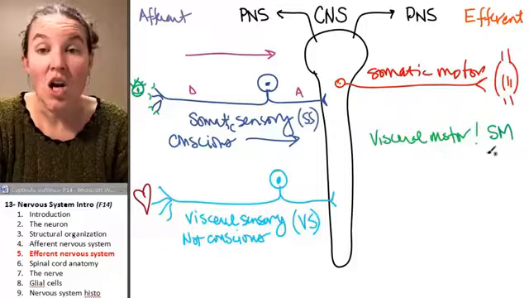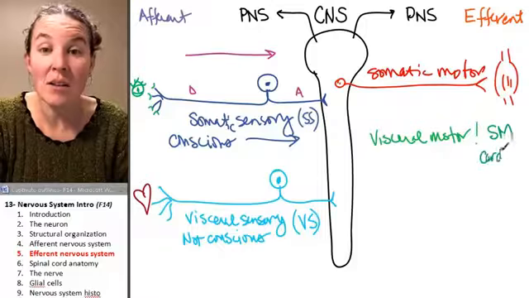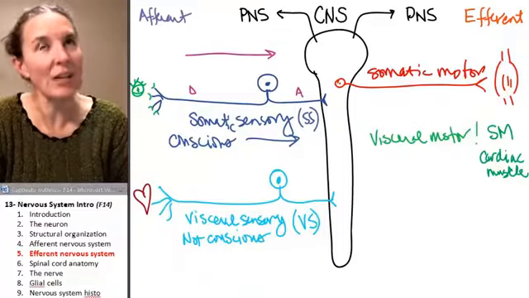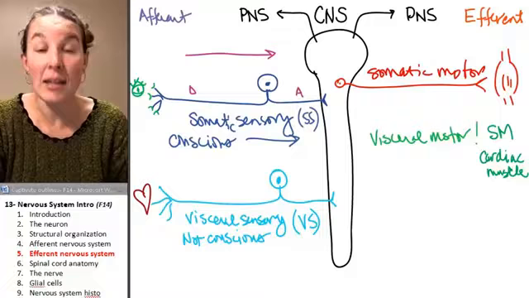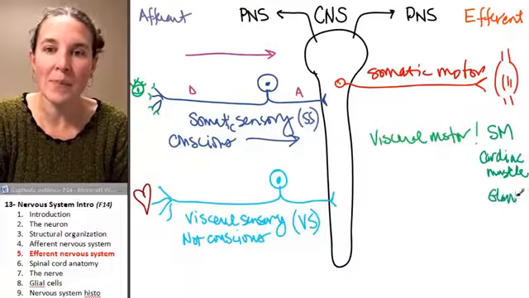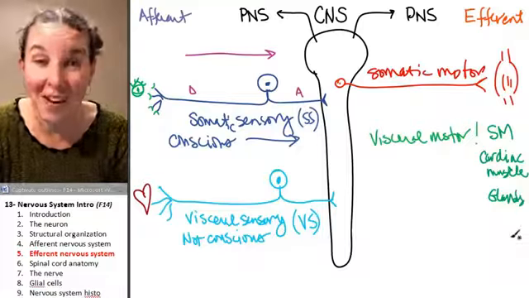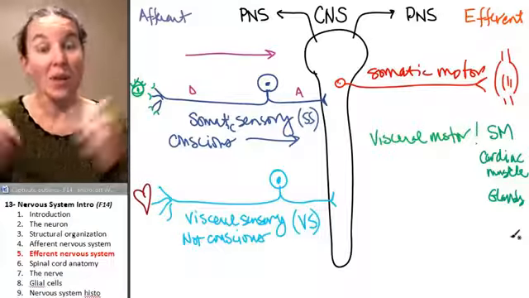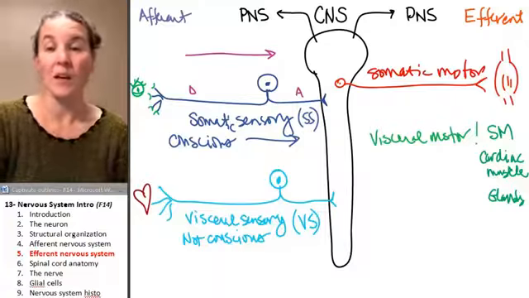Cardiac muscle. If a neuron causes an action in the heart muscle, it is a visceral motor neuron. Or glands. If the neuron causes an action of a gland, then it was a visceral motor neuron.